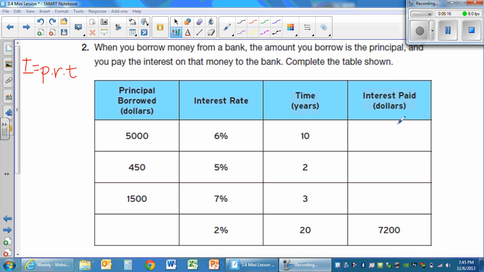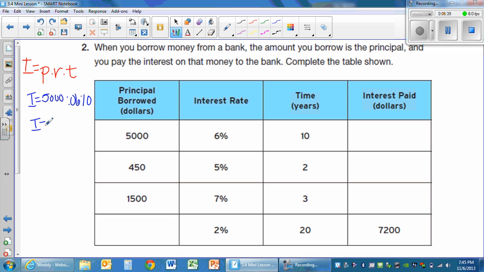Now we just need to be careful again which values we're plugging in for which variables. So again, to start off the table, we're looking for the amount of interest, so that can stay as an I. We have $5,000 that we borrowed as our principal, times our interest rate of 0.06, and then we have to multiply by 10 for the amount of years.